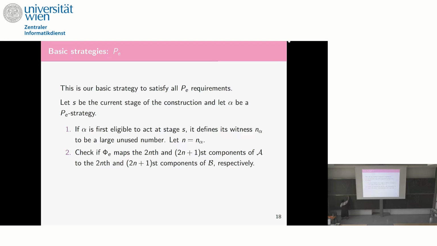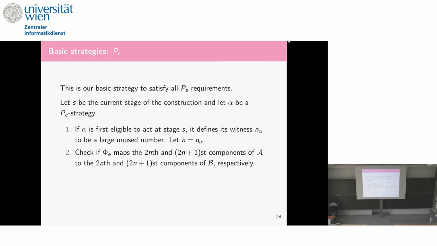And then what it does is, okay, so here I'm going to sort of just expand on this graph here. So let's say this is the graph A, and then this is the graph B. So what I didn't mention is we're also building B up in the same way, but maybe we have to add loops or whatever. So here, right now, we have a copy of these A components in B. And then alpha is just checking, well, at any point, does it look like phi E gets the isomorphism right?